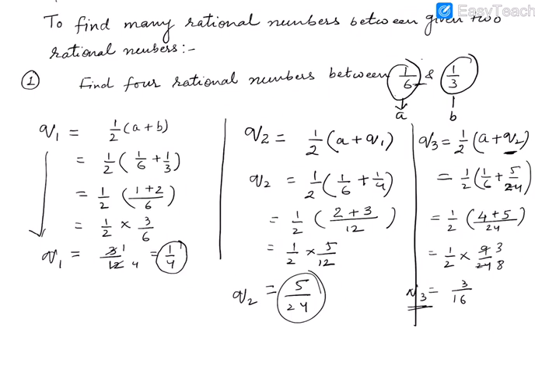Same way you can get the fourth rational number also. How to get the fourth one? Q4 is equal to half of A plus Q3.